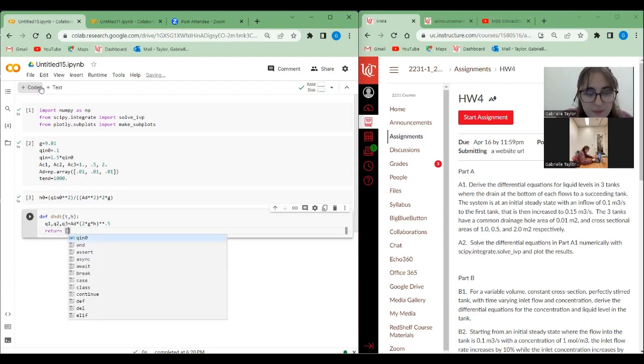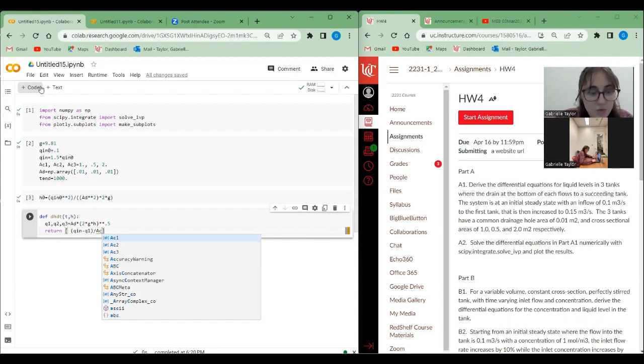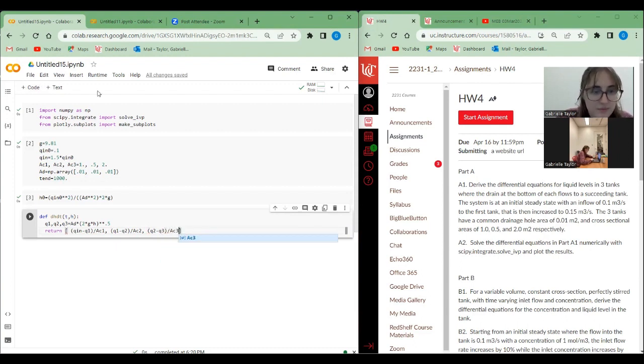We have Qn for the first tank, then we have Q1 divided by our cross-sectional area of 1, and then Q1 minus Q2 divided by our cross-sectional area of 2. And then we have Q2 minus Q3 divided by our cross-sectional area of 3.